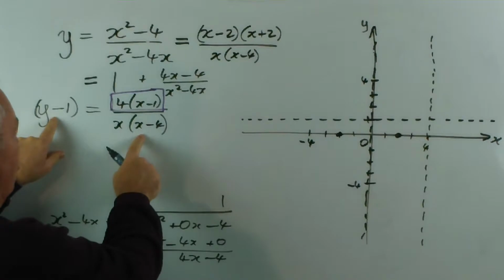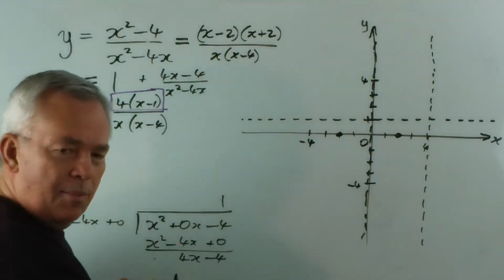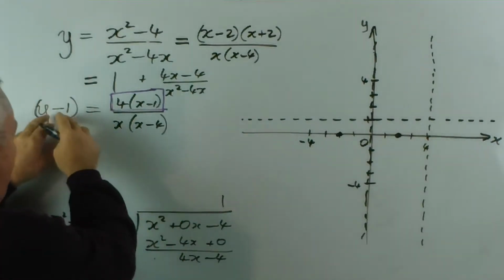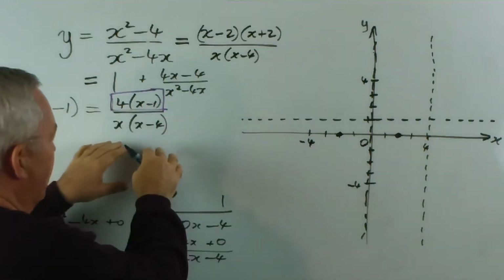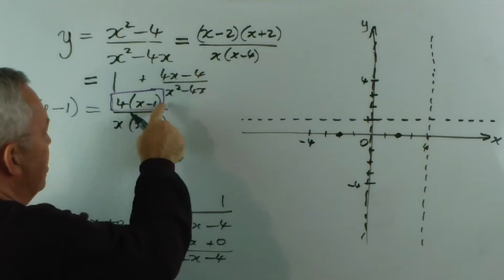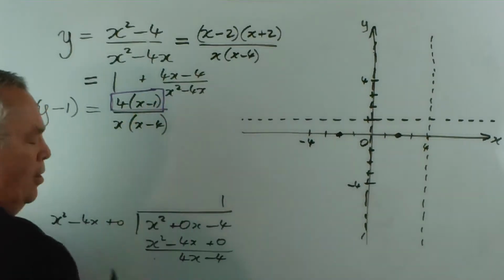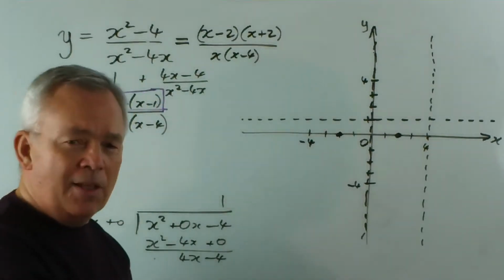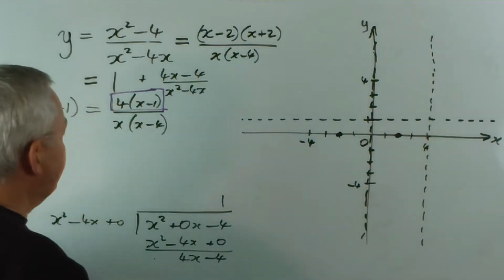This looks like our normal formula for a hyperbola. A y value equal to something over an x value. Well, it's been tampered with a bit, but normally we have a constant here, and this is no longer a constant. It changes in value as x changes.